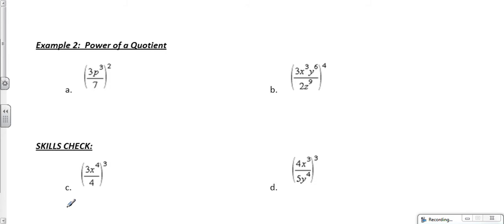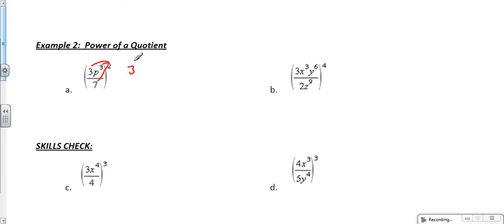Alright, now we're going to talk about powers to powers again like we did in our last lesson, but we're going to incorporate division. Now let's look inside the parentheses first. Nothing can be reduced. So, as with the power to a power rule, we distribute. The only thing that's changed here is that we have a denominator, but that also is affected by the power of 2.